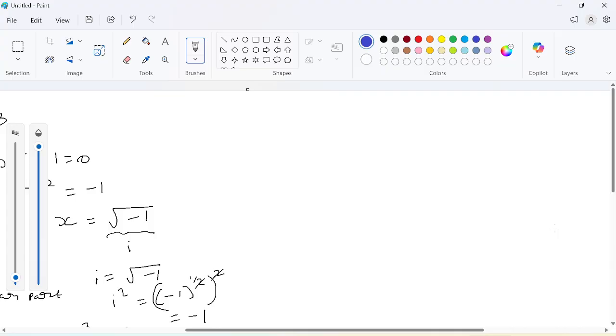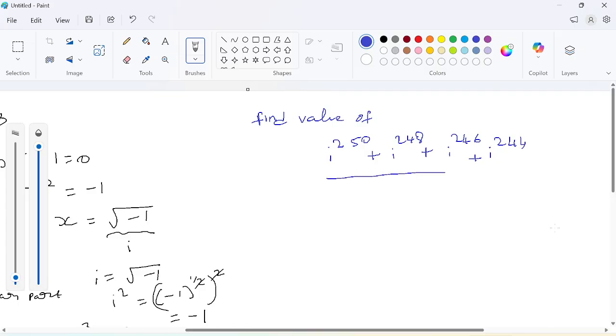Find the value of i power 250 plus i power 248 plus i power 246 plus i power 244, whole divided by i power 244 plus i power 242 plus i power 240 plus i power 238, minus 1. Just like the earlier problem.